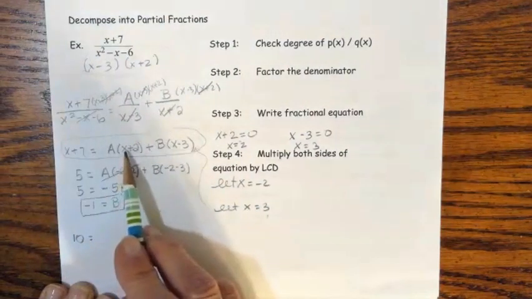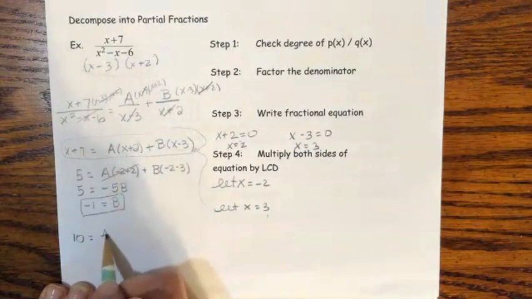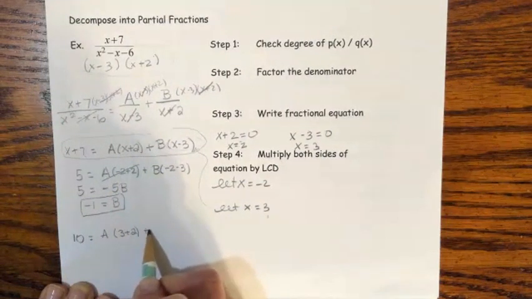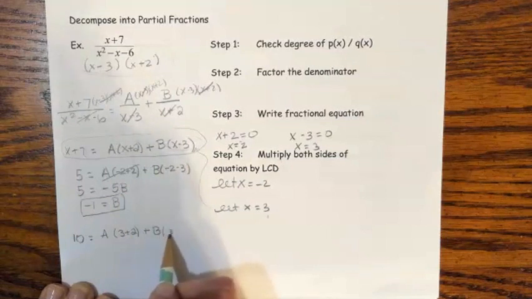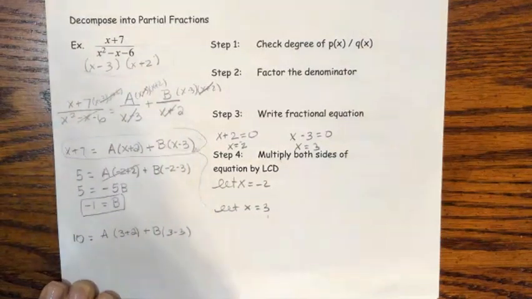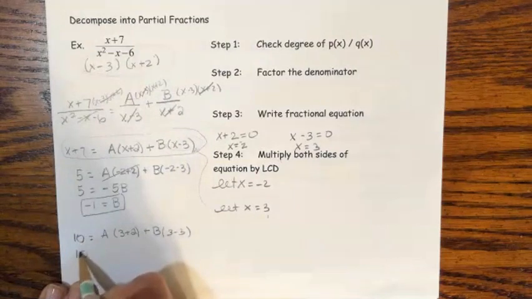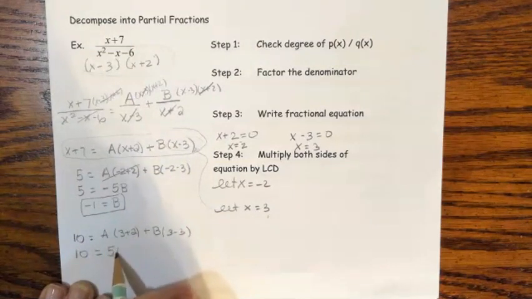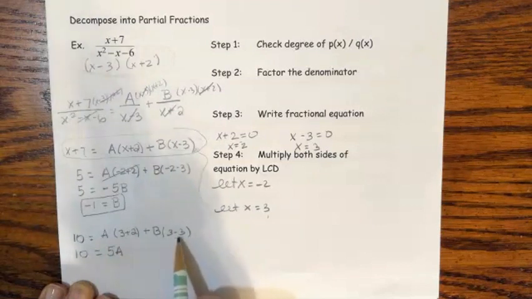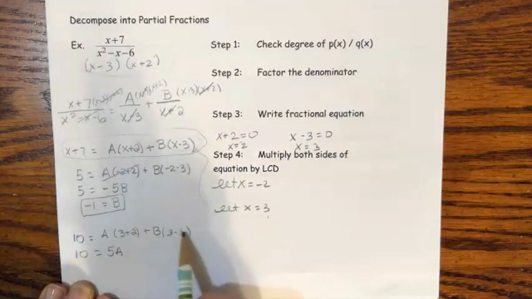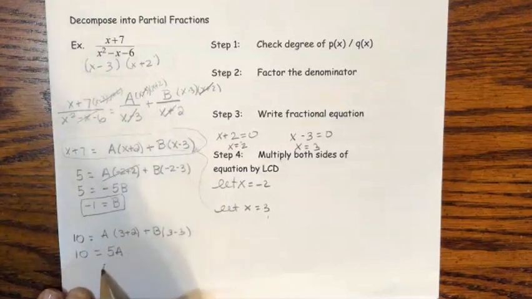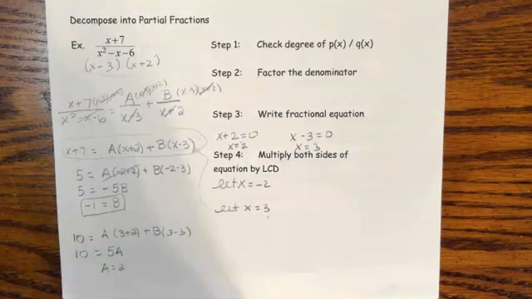I plug in 3 here, so I have A times 3 plus 2 plus B times 3 minus 3. So I have 10 equals 3 plus 2 is 5 times A is 5A. 3 minus 3 is 0, so 0 times B is 0. So I'm left with A equaling 2 because I divide both sides by 5.